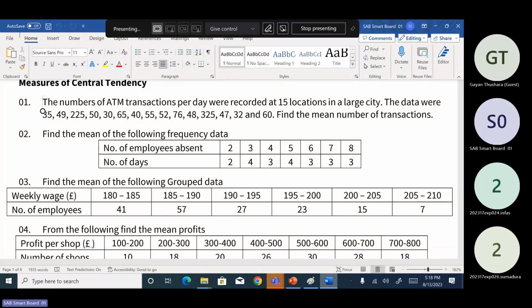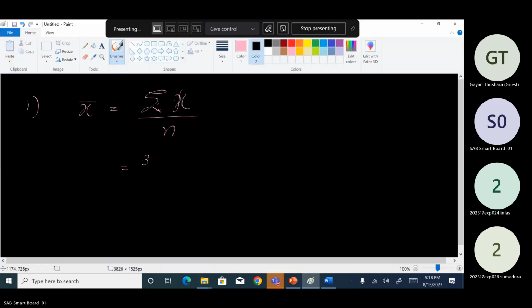And there are 15 pieces, so we have to divide by 15.